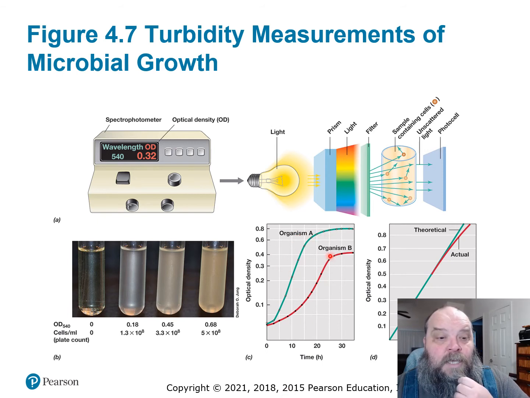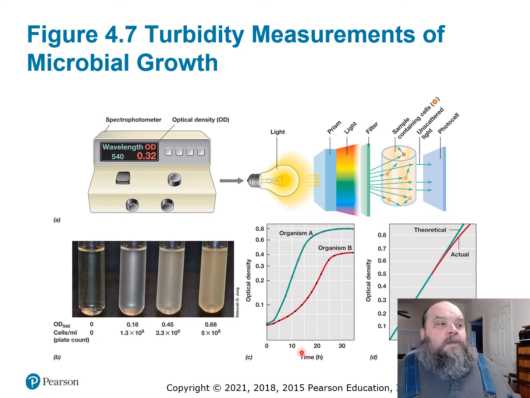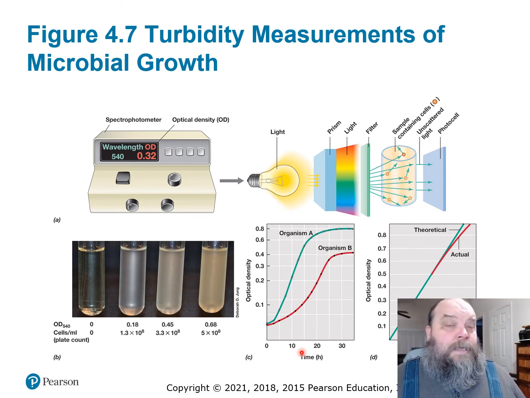You could also change this to show that A and B, maybe A is a new culture. B is an old culture. So B is getting sluggish, where A of the same species is newer and just growing better.